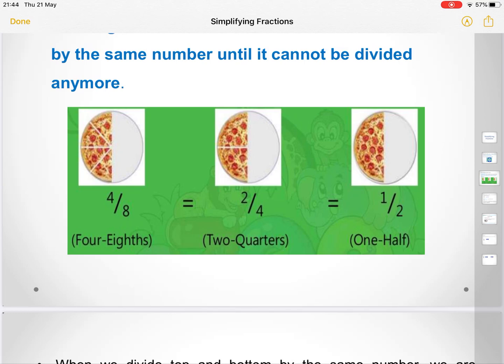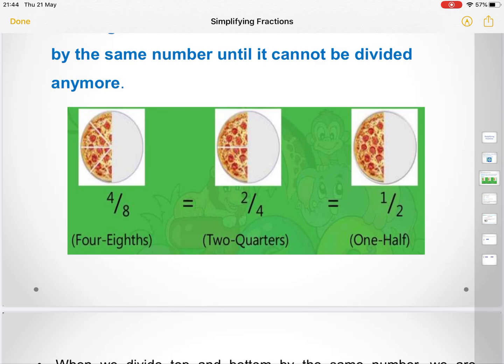Now, the pizza was then divided into 4 quarters, 4 equal parts, and 2 pieces of those 4 parts were eaten, and 2 are left. So the fraction of pizza which was eaten was 2 parts out of a total of 4, and that's why it is 2/4.